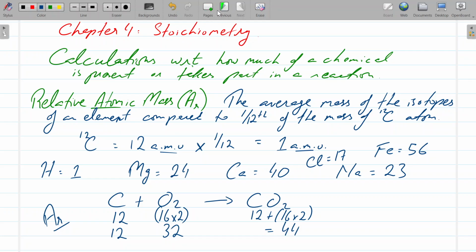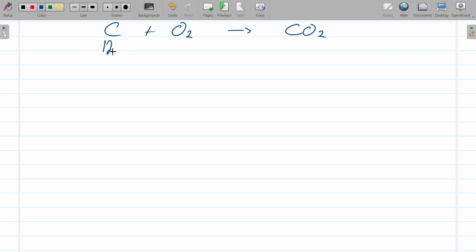So we can say carbon and oxygen giving me CO2, and so this is 12 grams of carbon, and this is 32 grams of oxygen, giving me 44 grams of carbon dioxide. Seems okay? We converted. Haram, are you following?